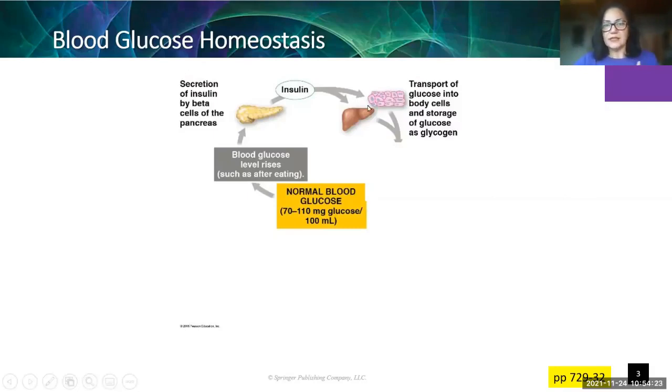It allows the cells to bring the glucose out of the bloodstream and into the cells. And they can get stored as glycogen, as we'll talk about shortly. The consequence of this is the blood glucose levels fall. They come back and are maintained in this normal range between 70 and 110 milligrams.